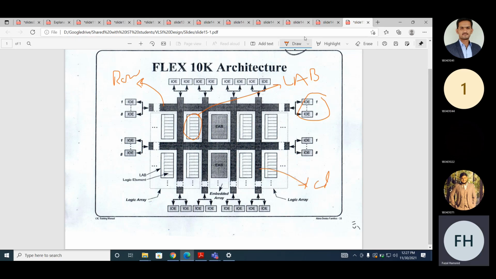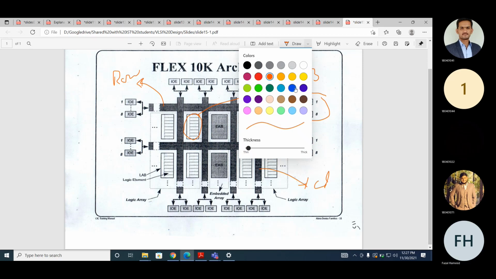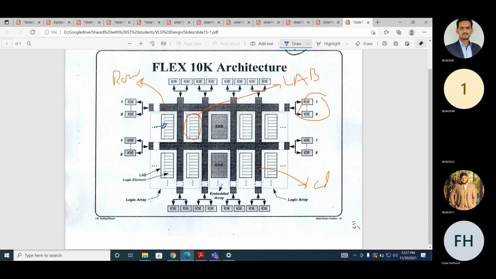Column fast track interconnect. Local fast track interconnect, LAB local interconnect. Within this logic element, which chains are there? Carry in chain, carry out chain, cascade in chain, and cascade out chain.